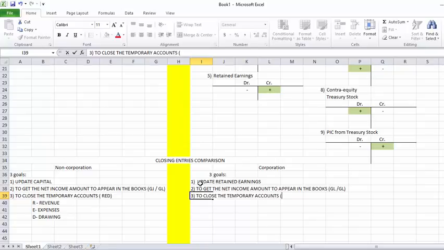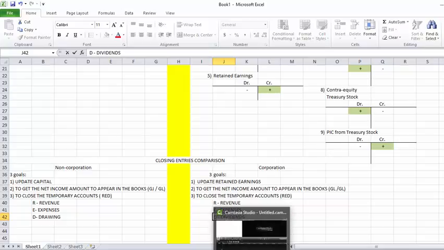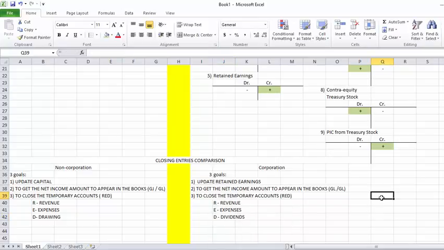The nice thing about my mnemonic device RED is that we can still use it, except now the R still stands for revenue, the E still stands for expenses, but now the D stands for dividends. So we can still get away with using that little word red.